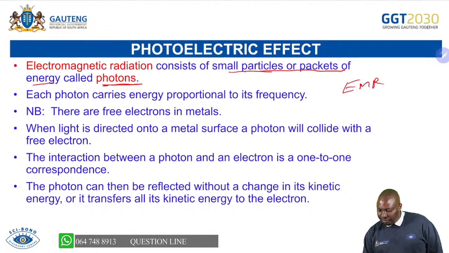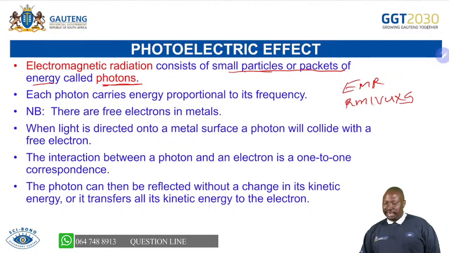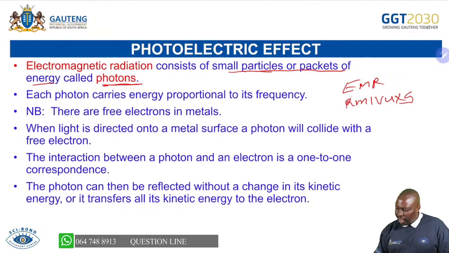I said it's Rami-Fuchs, so that you don't forget, which is your radio waves, microwave, infrared, visible light, ultraviolet, X-ray, and gamma ray. We talked about the wavelength versus the frequency. So EMR, or electromagnetic radiation, which are those 7 that we have there, have packets of energy. These packets of energy are referred to as photons.